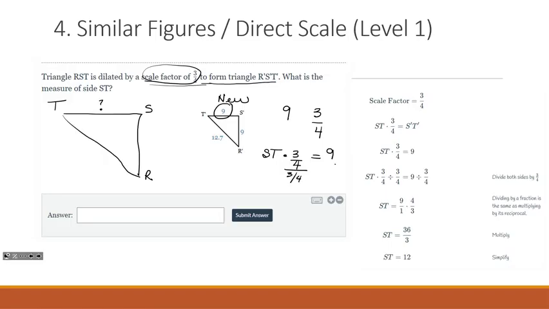Division. And you're going to divide this by 3/4. So we're going to divide these two right here to get our ST. When you pop this in your calculator, guys, what do you get? ST is 12. And that is your answer. So that makes sense that this number is bigger than the other triangle.